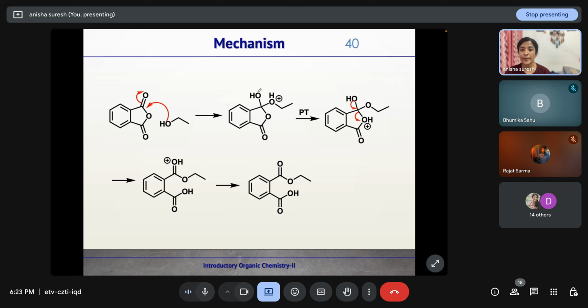Now once the lone pair on oxygen falls, this carbon oxygen bond will break, leading to formation of this acid. Now upon deprotonation, it will lead to formation of this compound. This PT is proton transfer.